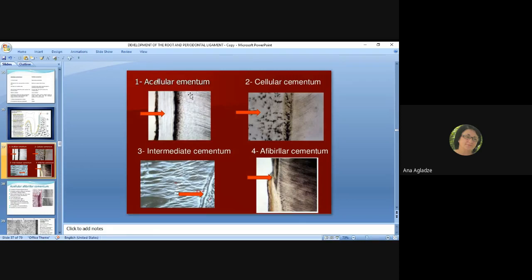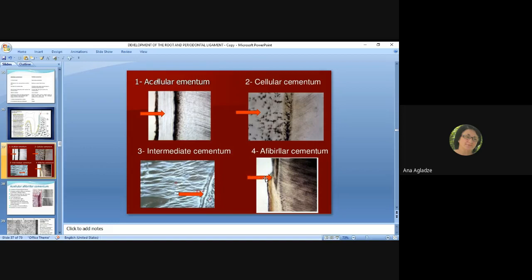Acellular cementum is first secreted cementum, and here you can see it has such a glassy appearance without cells. Here you can see cellular cementum, and there is also intermediate cementum, but it is now thought that intermediate cementum is an artifact.